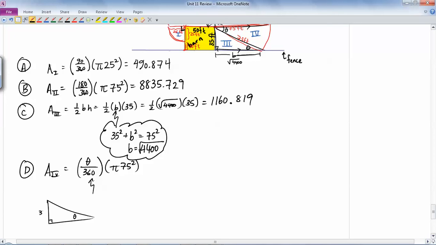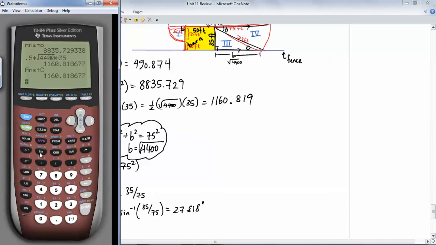Let's use the 35 here and the 75 so I don't have to use the root 4400. So this is opposite and hypotenuse, so that's sine. So then theta is going to be sine inverse of that, which is 27.818 roughly, but we'll get the full decimal for it here. Sine inverse of 35 over 75.